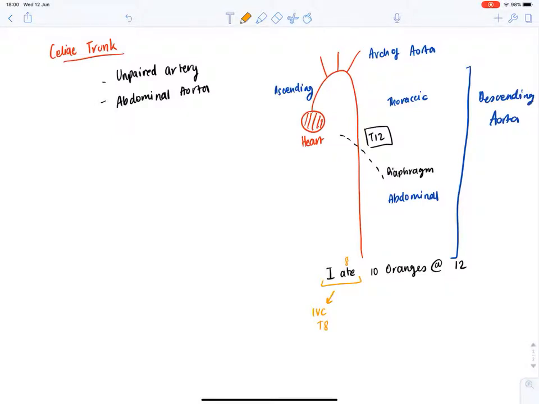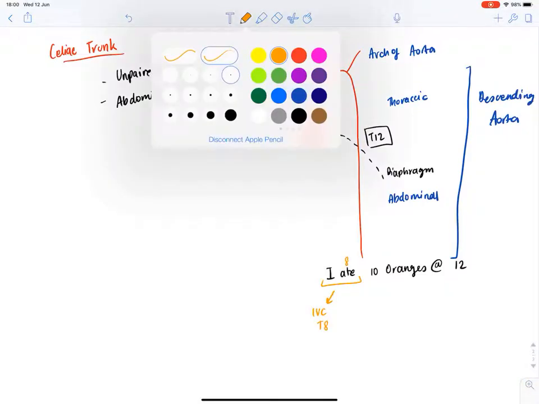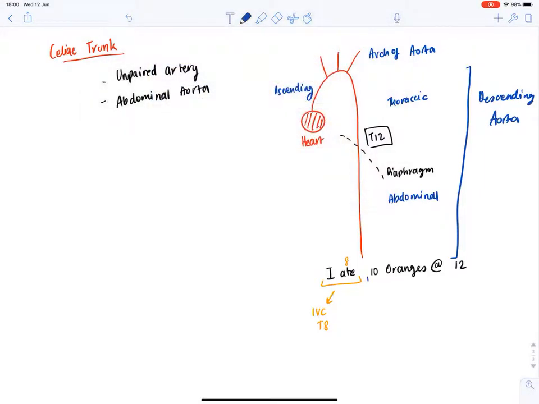Then we have the 10 oranges, the esophagus, which pierces the diaphragm at T10. Obviously the esophagus is sometimes spelled with an O or an E. And finally the "at 12" part is in reference to the aorta, which pierces the diaphragm at T12.